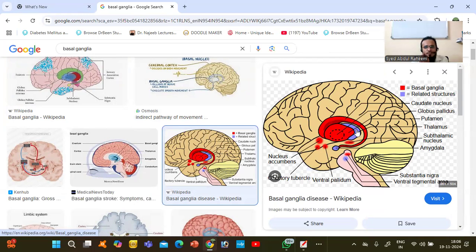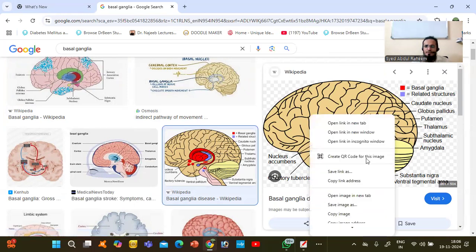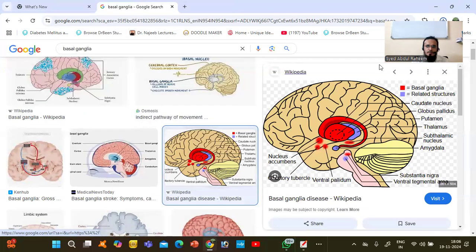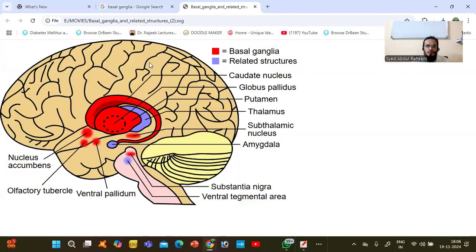And the related structures you can see: caudate nucleus, globus pallidus, the thalamus here, putamen, subthalamic nucleus, amygdala.